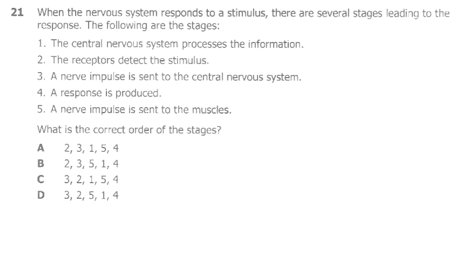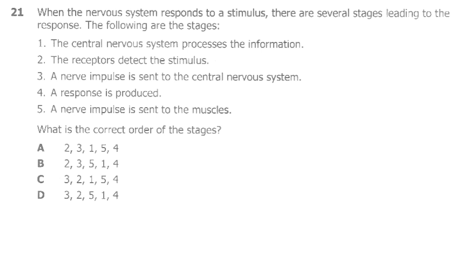Number 1, the central nervous system processes the information. 2, the receptors detect the stimulus. 3, a nerve impulse is sent to the central nervous system. 4, a response is produced. 5, a nerve impulse is sent to the muscles. What is the correct order of the stages? So these stages are actually not in order.